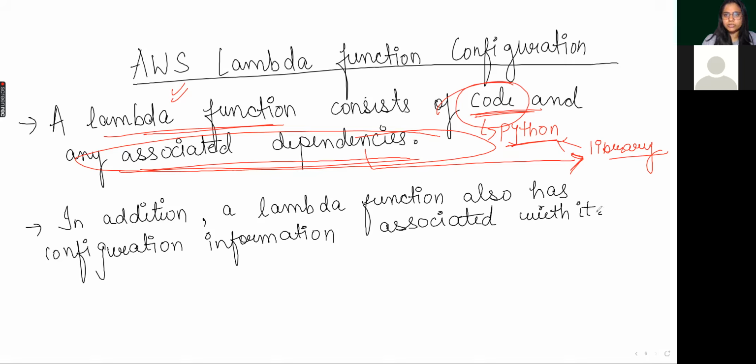So every Lambda function has configuration information associated with it, meaning all the important configuration is required by the Lambda function. Okay, you need to select them. Means all the options that are required to build a Lambda function, you have to provide them while you are creating a Lambda function.